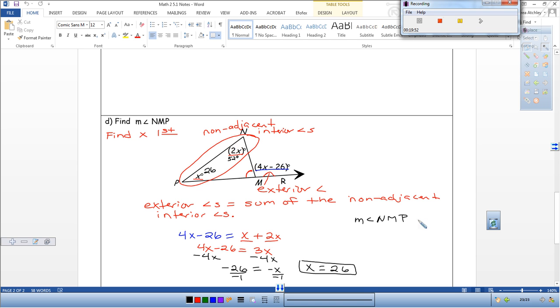Okay, so now to find the measure of angle NMP, we're going to use the sum of the interior angles of a triangle equals 180 degrees.